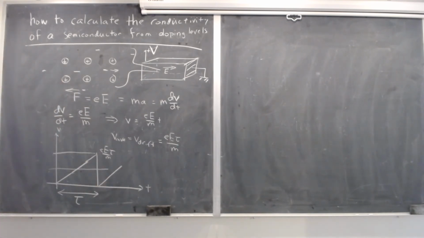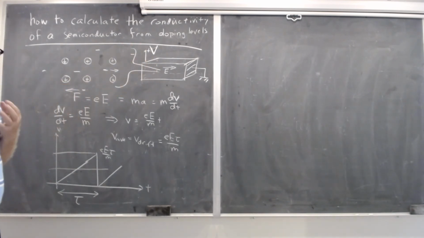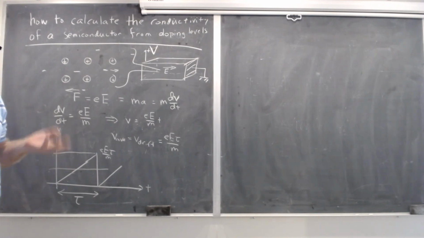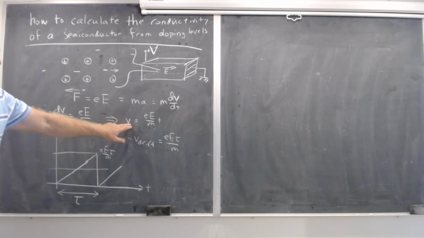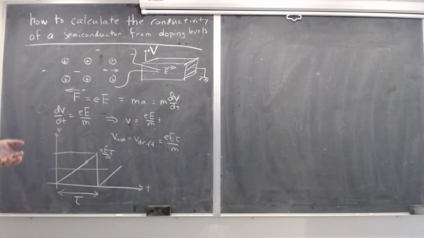Well, there isn't, and the reason is that this is a three-dimensional solid, and so when you take into account the statistical motion of the particles and calculate an average velocity in one direction, the direction of the electric field, that 2 goes away. I don't see any point going through a more difficult analysis to get rid of a 2.